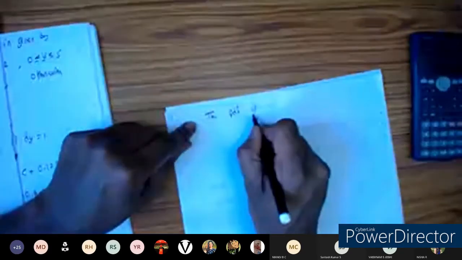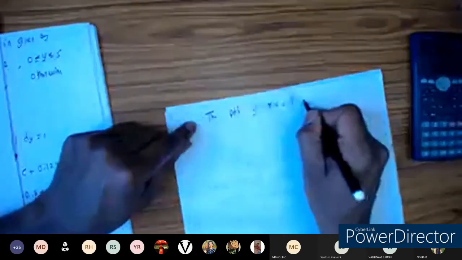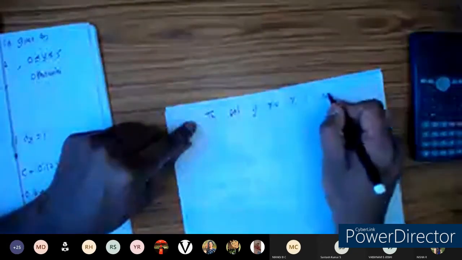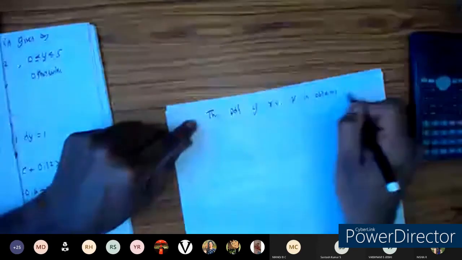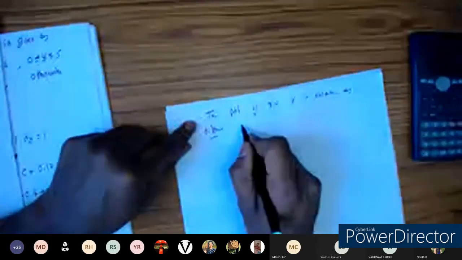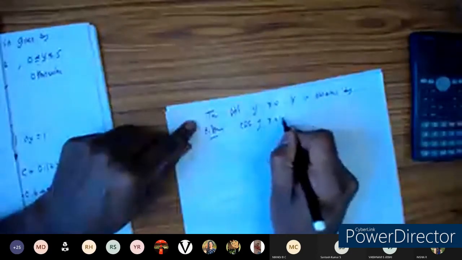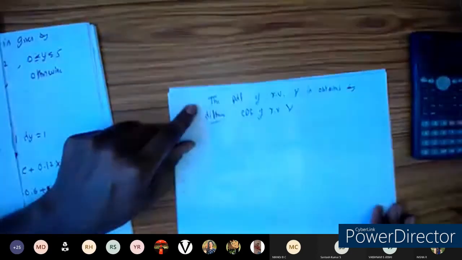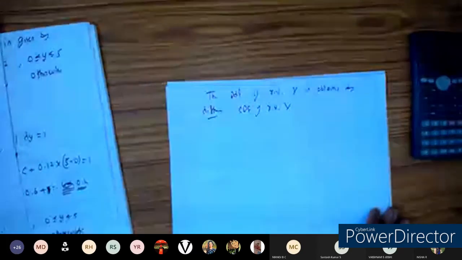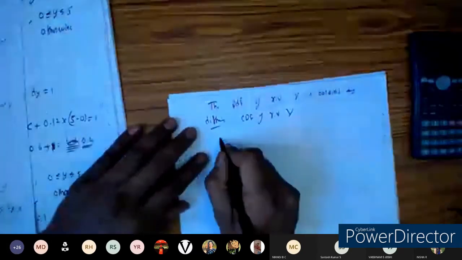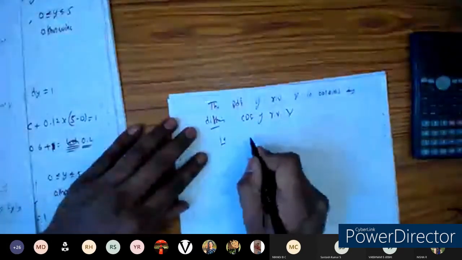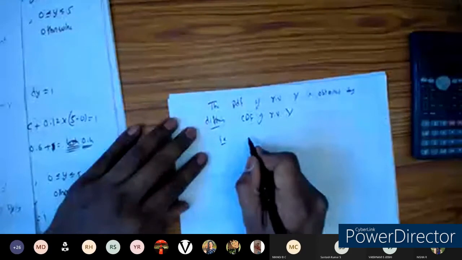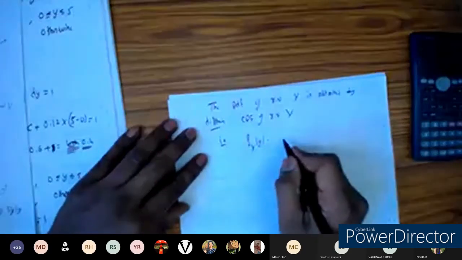The PDF of random variable y is obtained by differentiating the CDF of random variable y. That is given by small f y of y, where small f denotes the PDF.